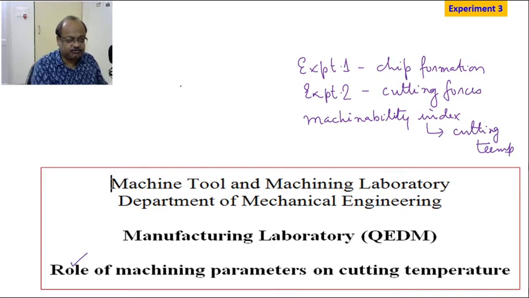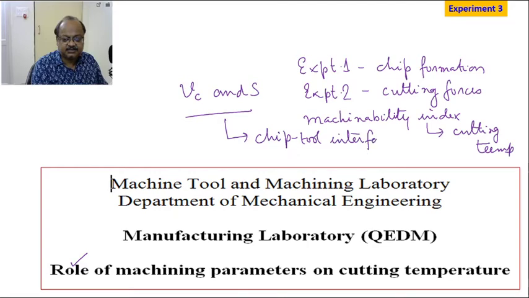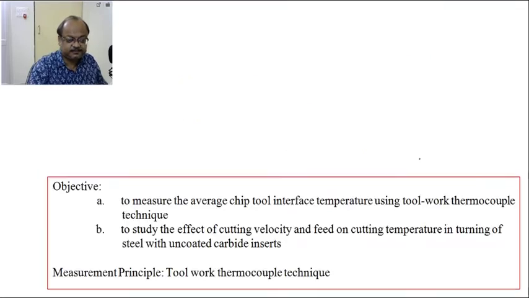What you are going to study is the cutting velocity and feed, and their effect on the chip tool interface temperature. That is what you are going to study today. Now what is the objective?